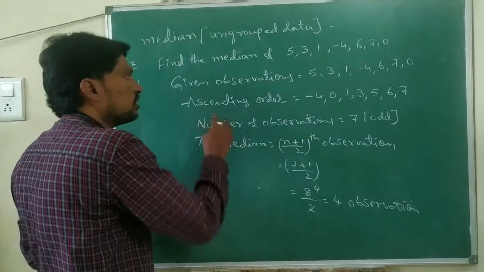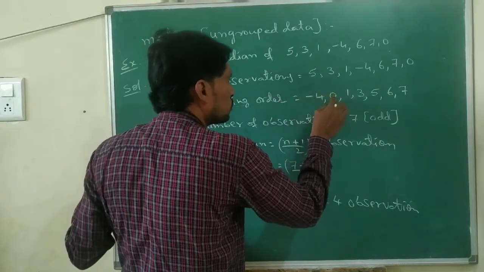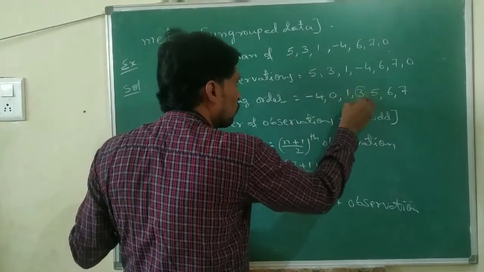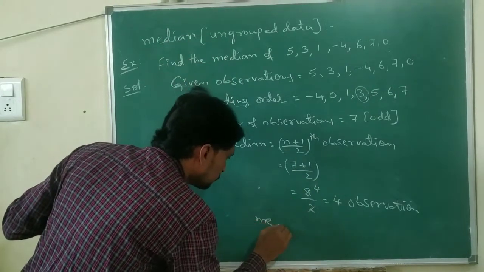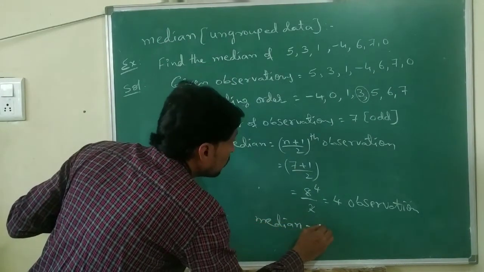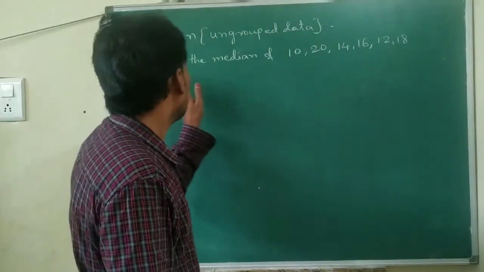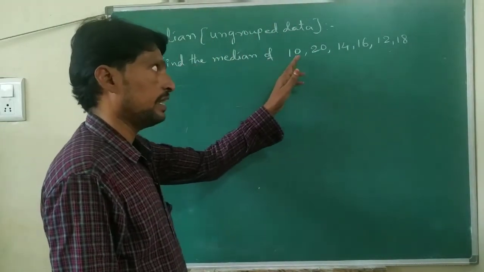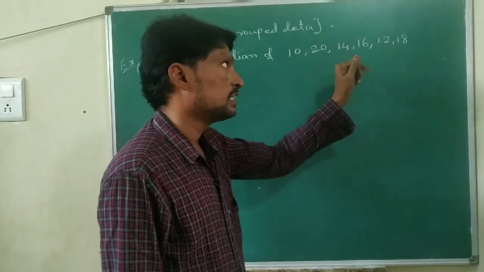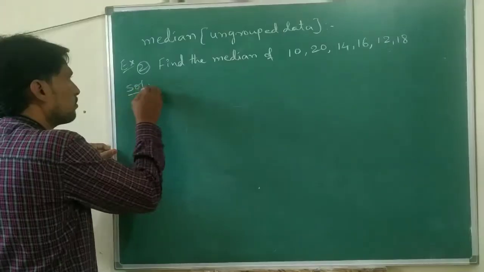What is the fourth observation in ascending order? First, second, third, fourth. So here the median equals 3.